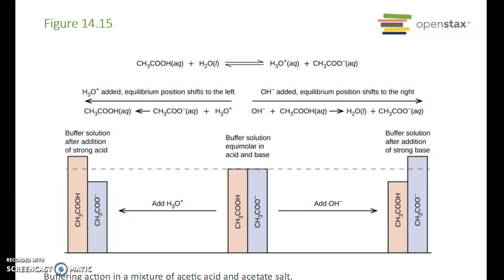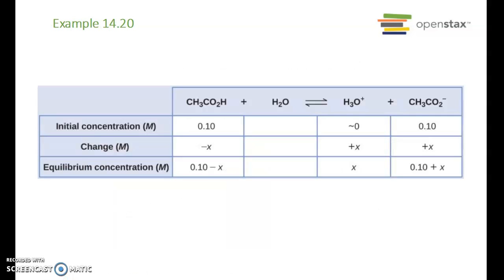So the hydronium ion added shifts the position to the left, but by a modest amount. Likewise, if you were to add a hydroxide ion, you can see that there's a downward shift in the acetic acid, but an increase in the acetate ion.